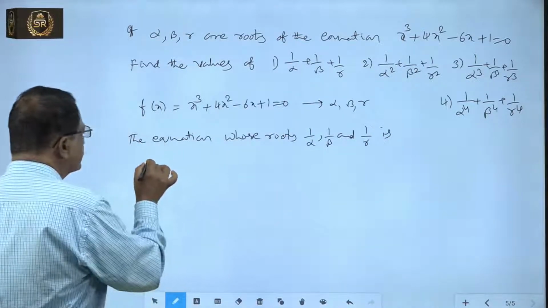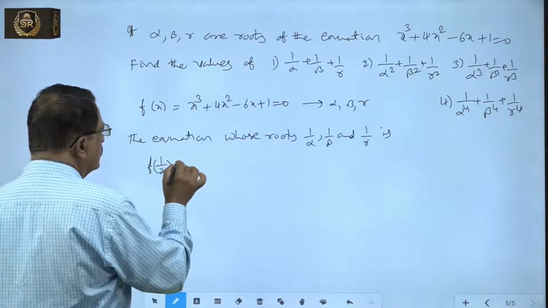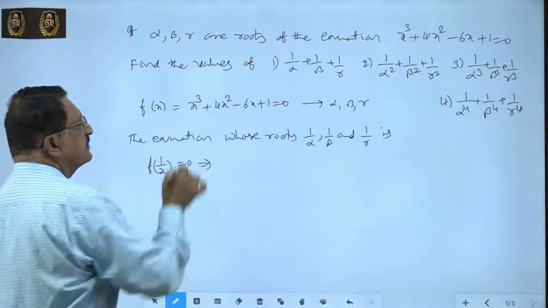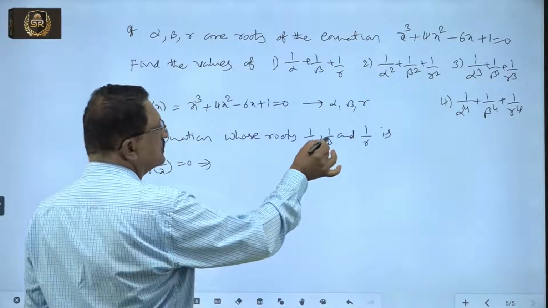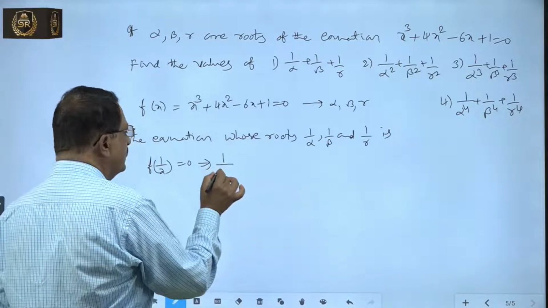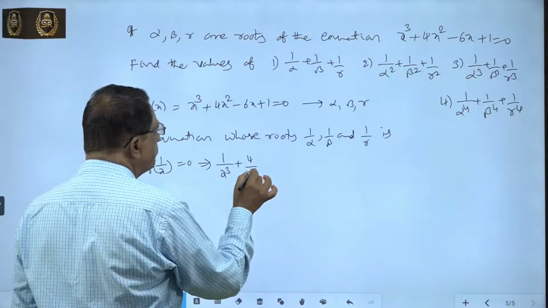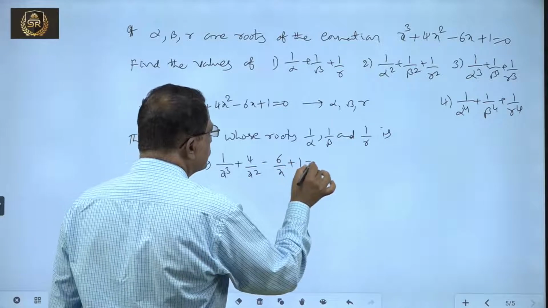f of 1 by x equals 0. At the place of x, replace x with 1 by x, we get the equation whose roots are 1 by alpha, 1 by beta and 1 by gamma: 1 by x cube plus 4 by x square minus 6 by x plus 1 equals 0.